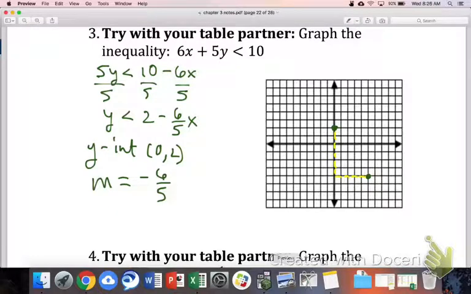I'll let you guys figure out the shading in a second, but here is where this line is going to be a little bit different. If you were tempted, and I would understand why, to draw a solid line like that, that would make a lot of sense. However, we have to make one little adjustment. Because the inequality does not include an or equal to, we have to turn it into a dashed line or a dotted line.